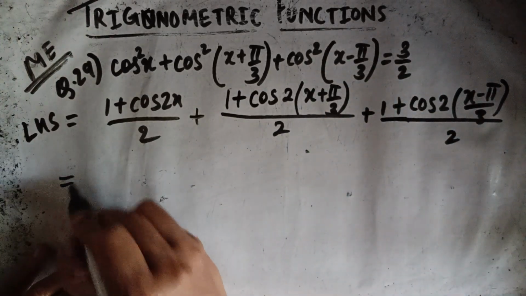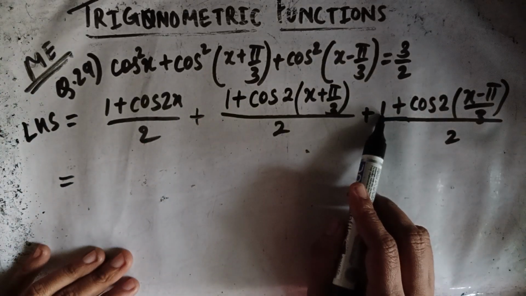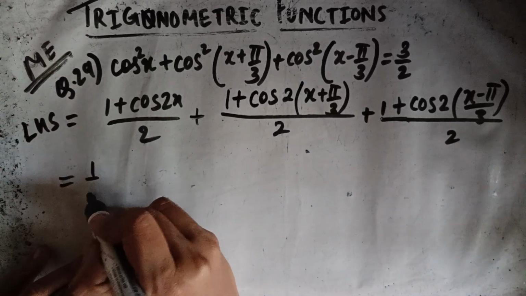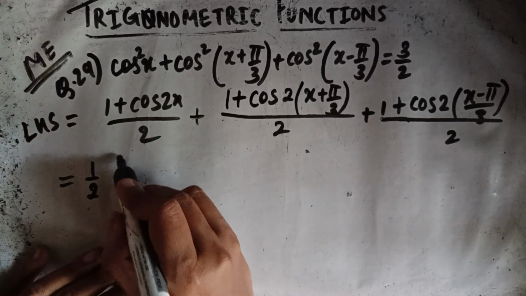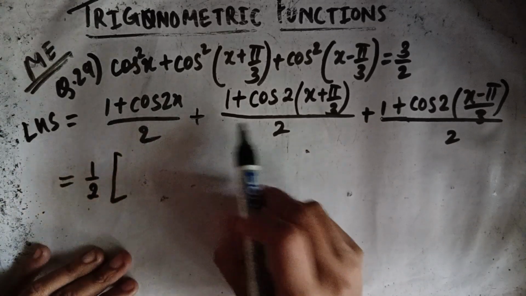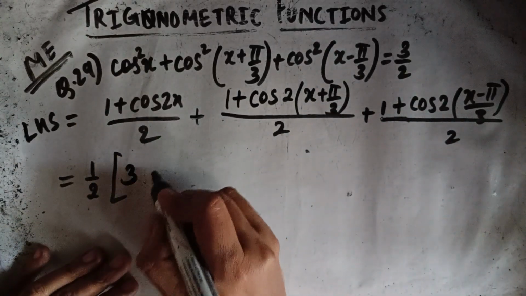So this is half, half and half, that you can take outside. So 1 plus cos 2x, 1 plus cos 2 this and this. So 1 plus 1 becomes 3.